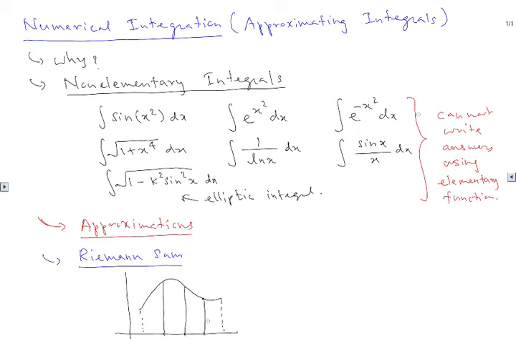Now the gap from A to B, if you cut into 4 parts, is what we normally call delta x. Delta x is written as B minus A divided by the number of parts, so if you cut into 4 parts, it is B minus A over 4.